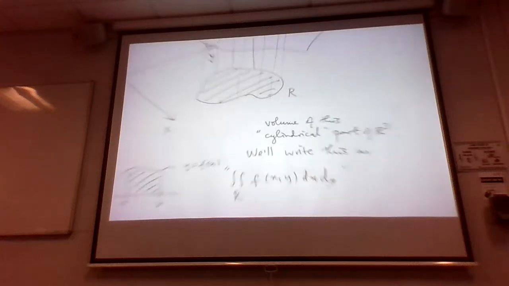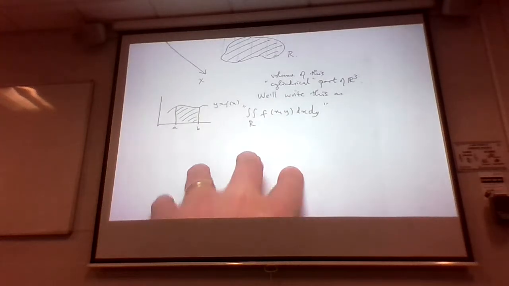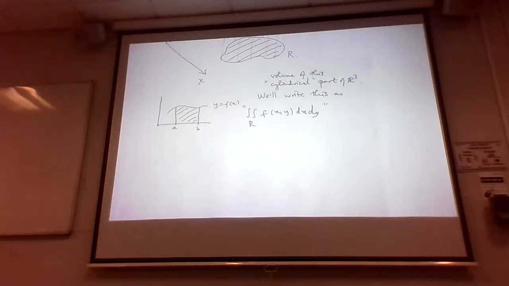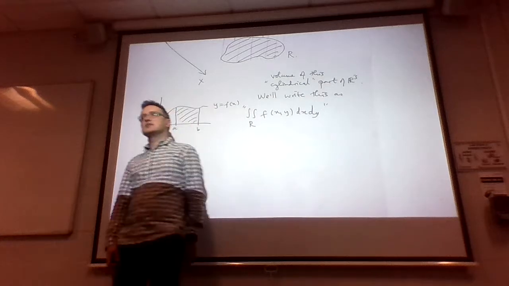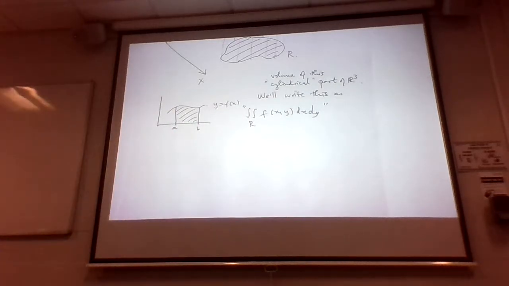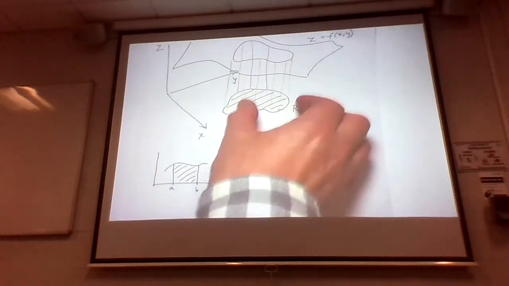I haven't given a mathematical meaning to it yet. But what I will do now is give a mathematical meaning to this bunch of symbols in such a way that we can appreciate how it does give the volume of this part of R3.